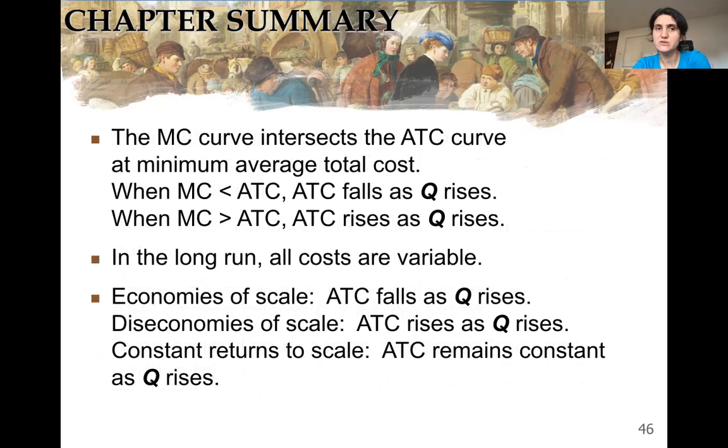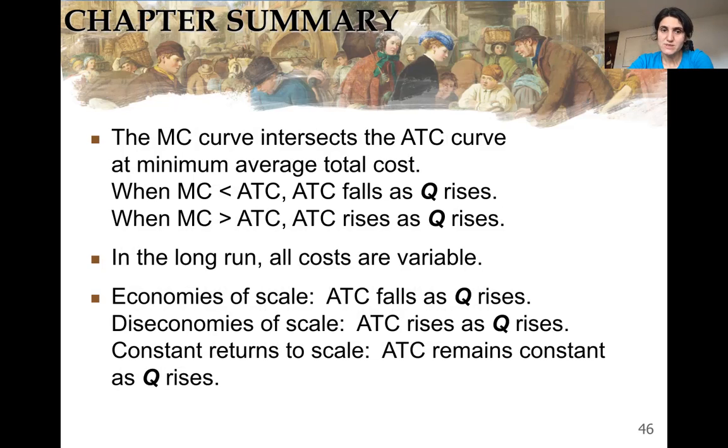Okay, and the marginal cost curve intersects the ATC curve at the minimum of the average total cost curve, and the average variable cost curve as well. When marginal cost is lower than ATC, we can say that ATC is decreasing. When marginal cost is higher than ATC, we can say that ATC rises as Q rises. In the long run, all costs are variable, so this is one of the differences between the short run and long run.